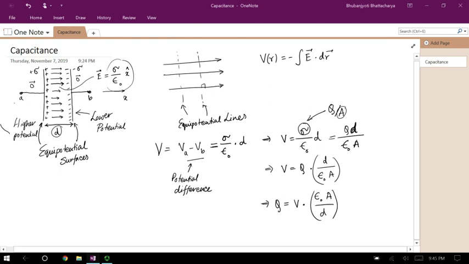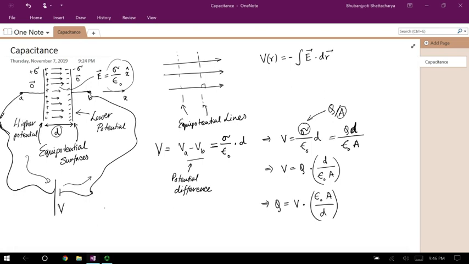For instance, if I just take a battery and connect it across over here, so this is my battery with potential difference V. It's basically going to send negative charges, the electrons, in this direction, pull in electrons from that direction, and create this potential difference.